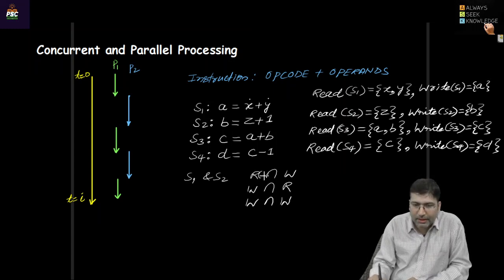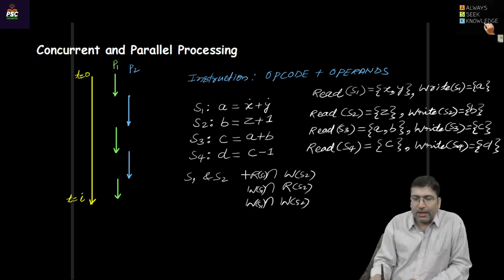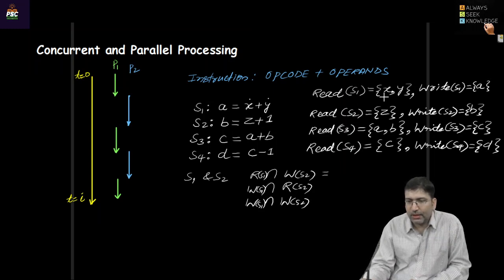So let's say I'm taking S1 on this side and S2 on that side. I'm trying to conclude whether S1 and S2 can be executed concurrently or in parallel, right? The read set of S1 has X and Y, and the write set of S2 has B, so there is nothing common; it is phi.